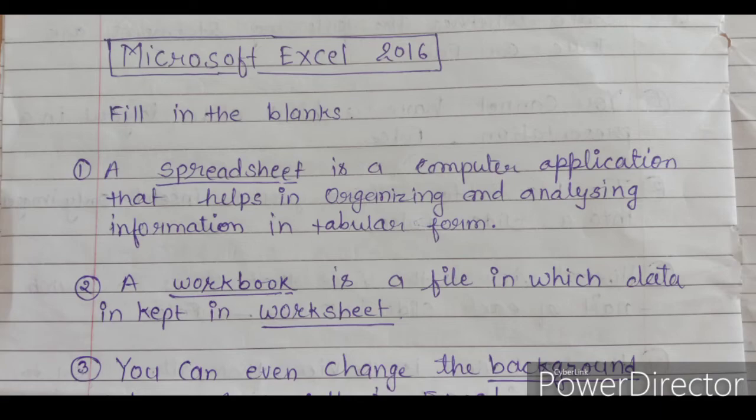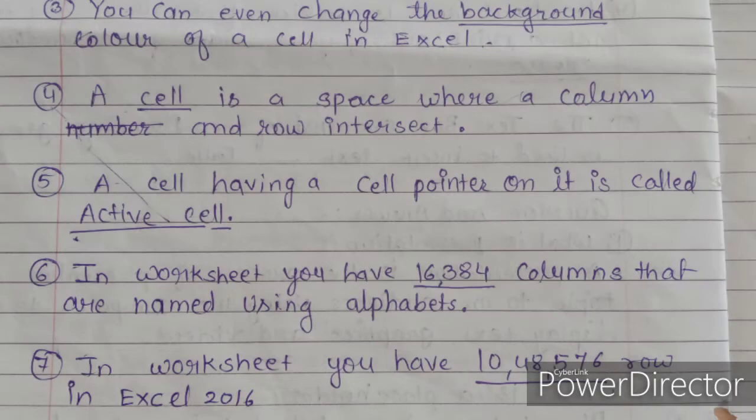Third, you can even change the background color of a cell in Excel. Fourth, a cell is a space where a column and row intersect. Fifth, a cell having a cell pointer on it is called the active cell.